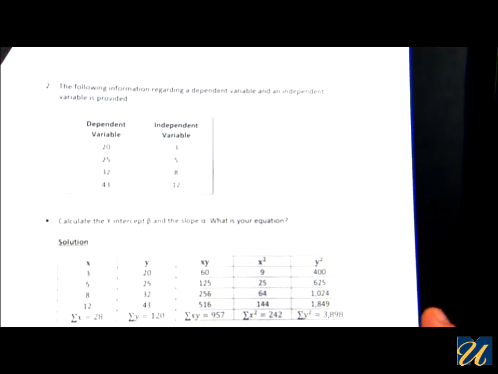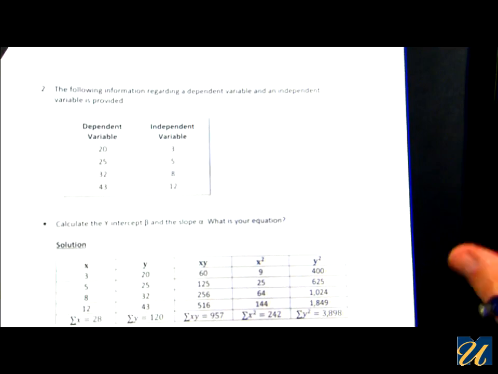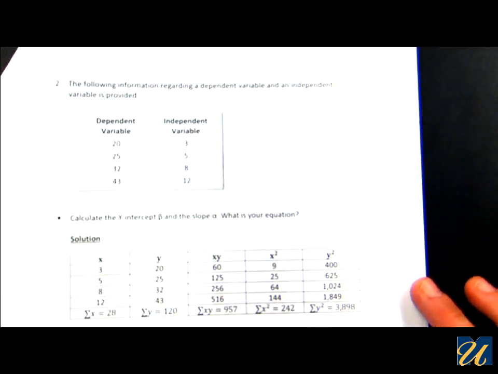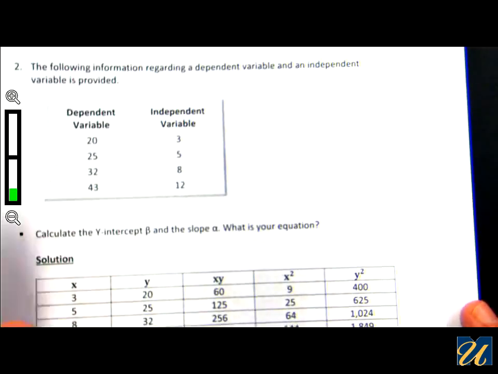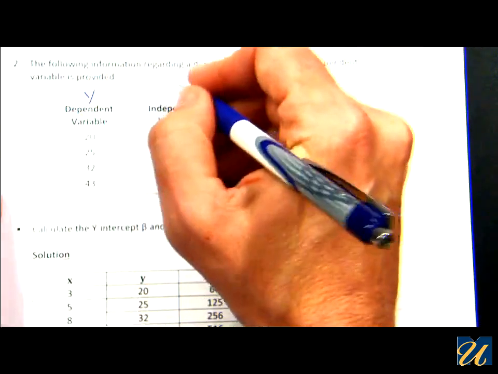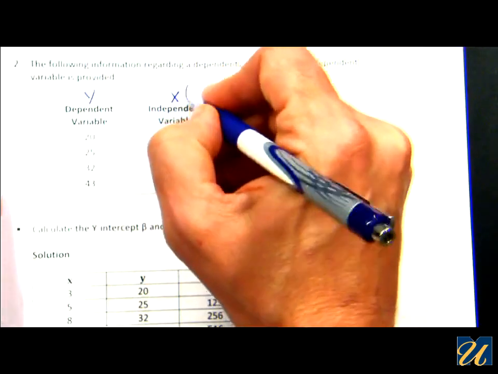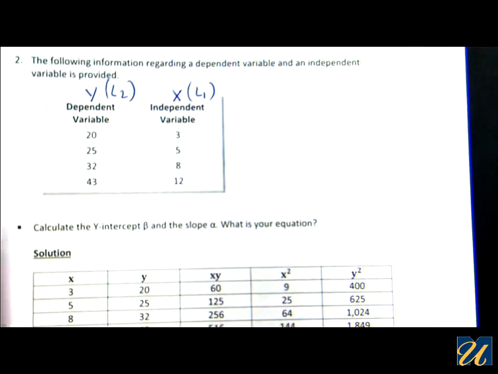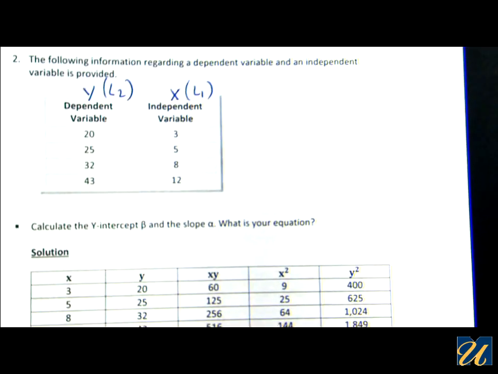For the second problem, the following information regarding a dependent variable and an independent variable is provided. So we know that the dependent variable is the y and the independent variable is the x, which means this is going to be your L1, this is going to be your L2 when you enter the information in your graphing calculator.